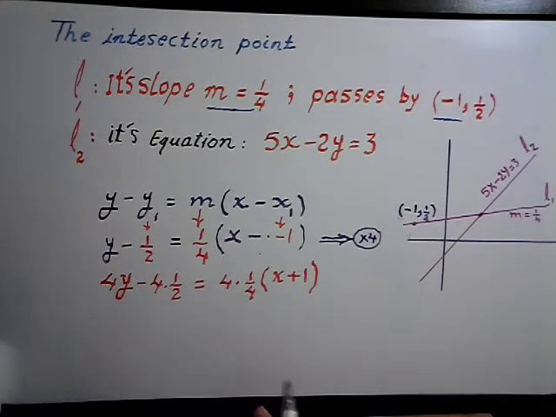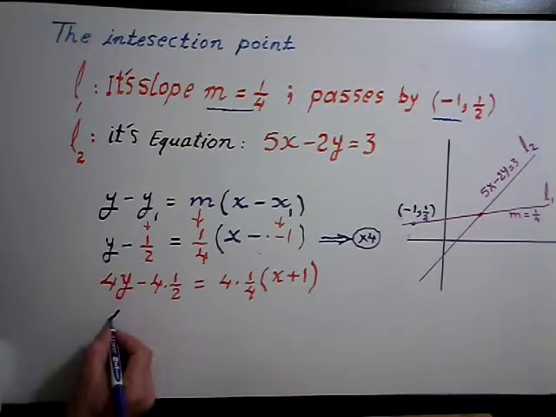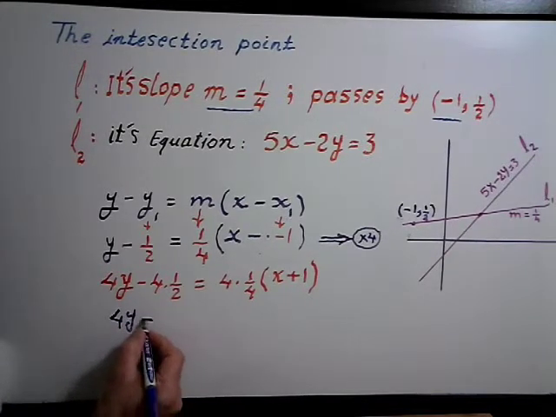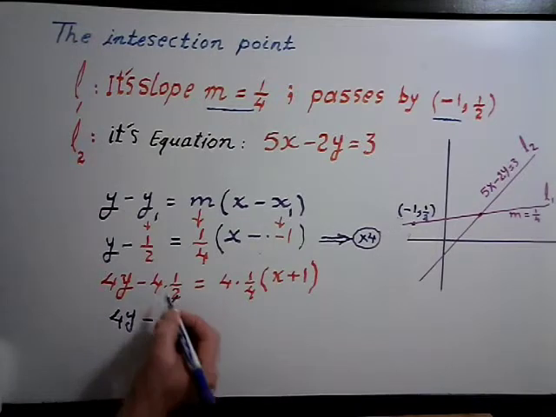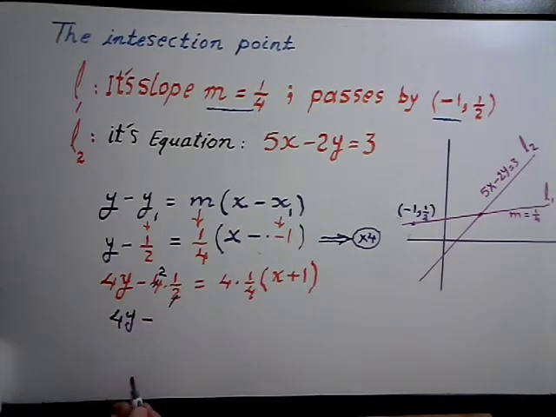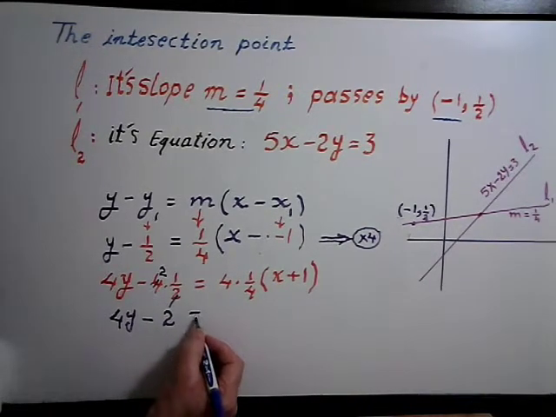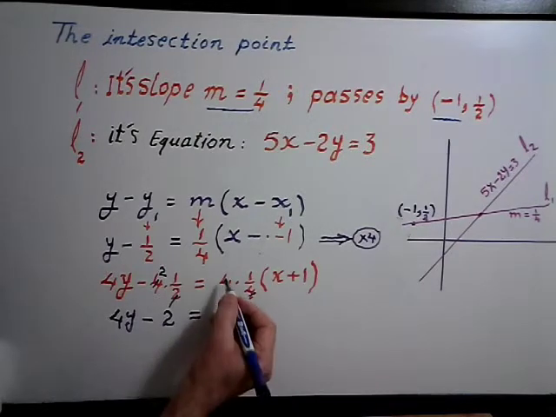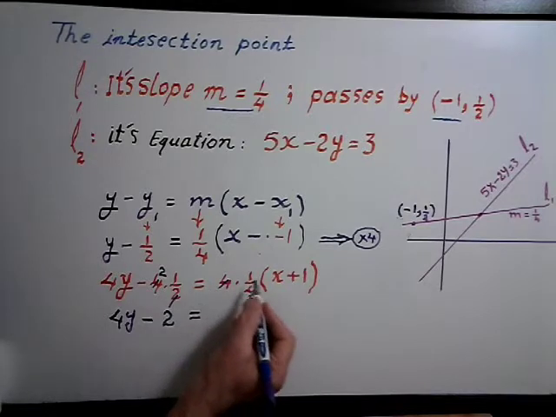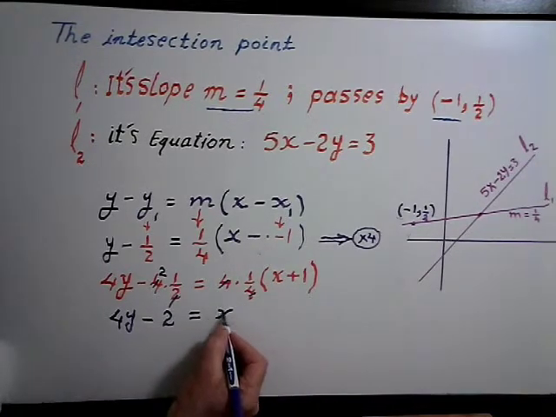To simplify, we have 4y minus, cancel 2 with 2, it will remain only 2, is equal to, cancel 4 with 4, so it remains 1 times x plus 1, that means x plus 1.